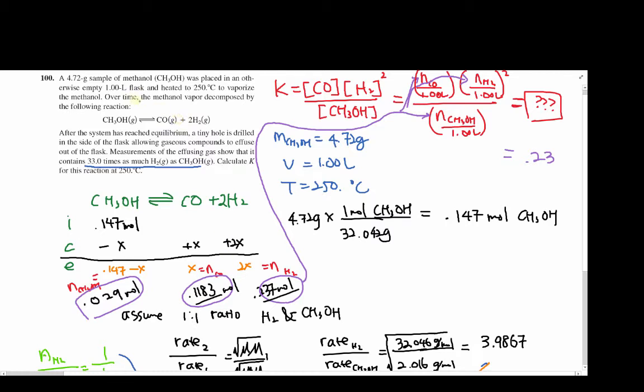Now let me clarify about the sig figs. You might say there doesn't seem to be a lot of addition and subtraction, and you have 3 sig figs, and it's easy to just make it 0.231 if you do the calculation right. However, you're gonna notice in our ICE chart for the methanol that when you subtract x here, x turned out to be 0.1183. Even if you keep that many sig figs, 1 and 1 cancel out, you have 0.